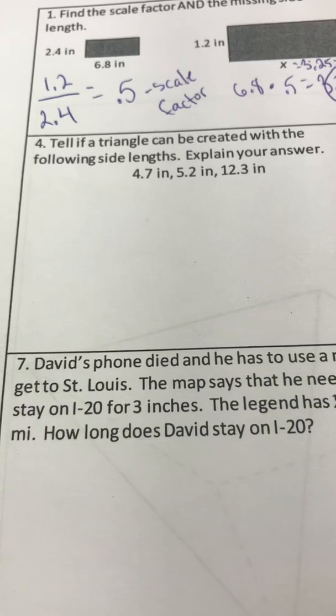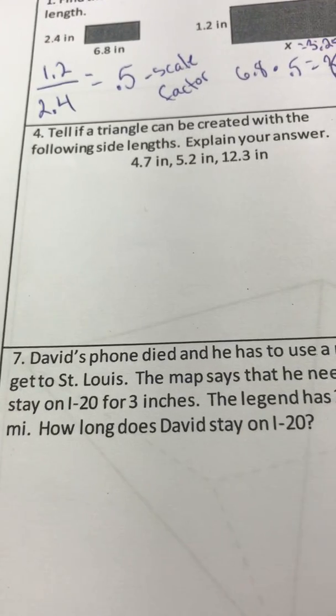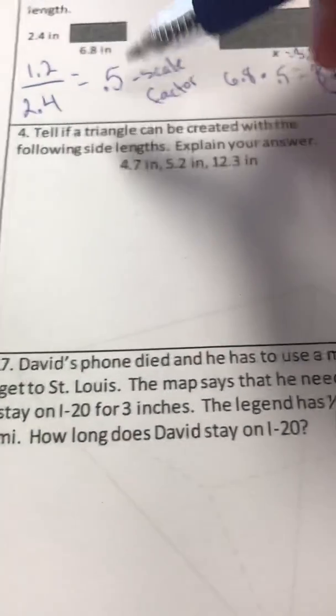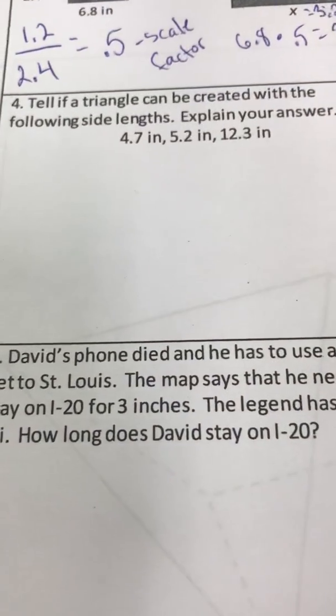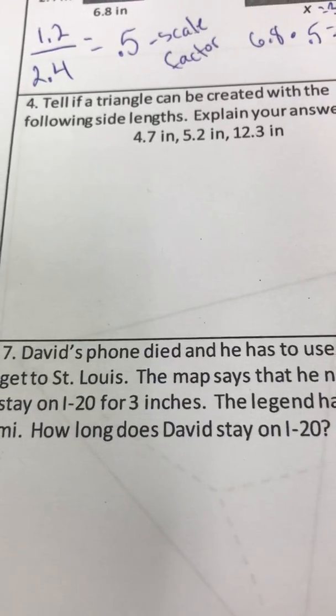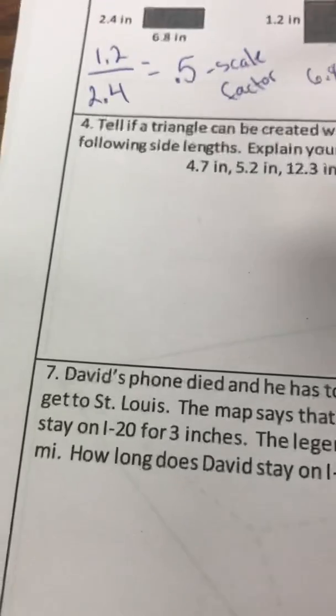Number 4. Tell if a triangle can be created with the following side lengths and explain your answer. The triangle inequality theorem says that the sum of the lengths of the two smaller legs must be greater than the length of the third side.